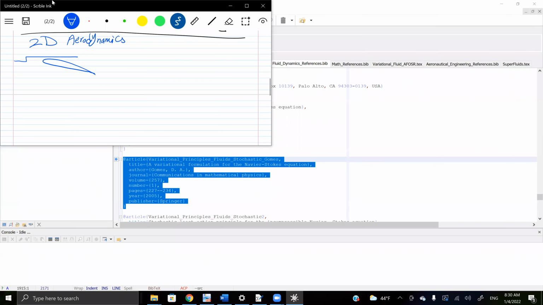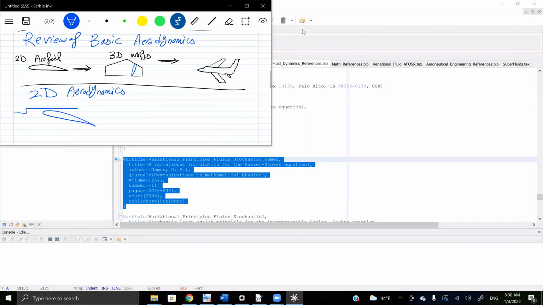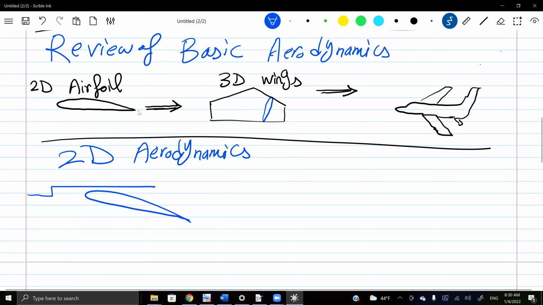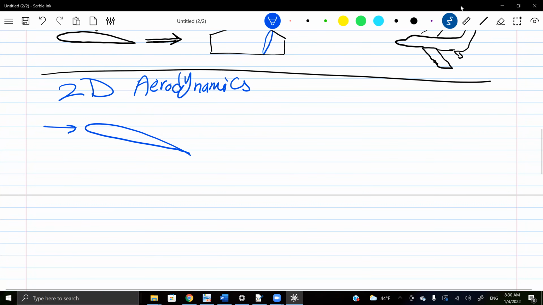What is happening? Okay, the wind is coming from the opposite direction. This is velocity V. Obviously, we have some angle of attack alpha.